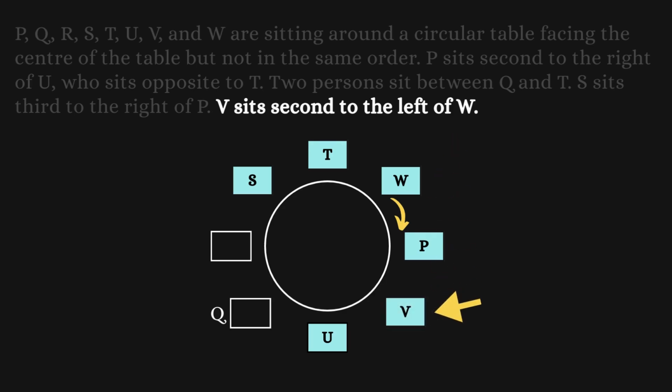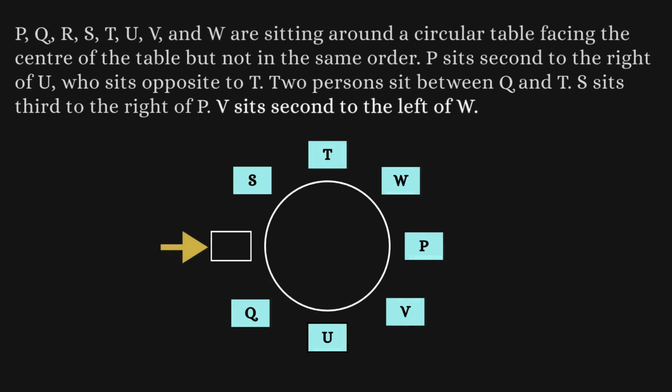Now we are left with only one position for Q, and hence we'll fix the seat for Q here. There is only one seat left, which is taken up by R. So this is our final seating arrangement.